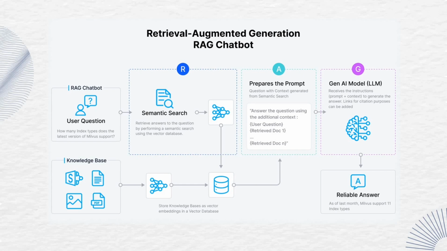So we retrieve answers to the questions by performing a semantic search using the database. Now here in this particular diagram it is mentioned that the semantic search is being performed by using a vector database, but it can be any database, not necessarily a vector database. Although vector databases are much faster as compared to the traditional databases.